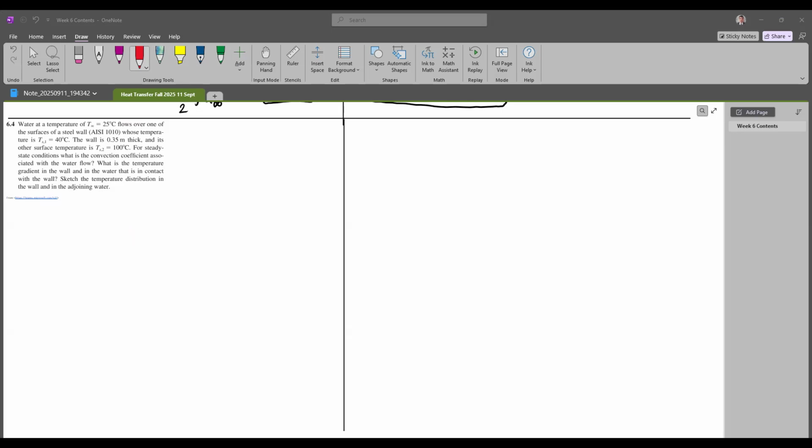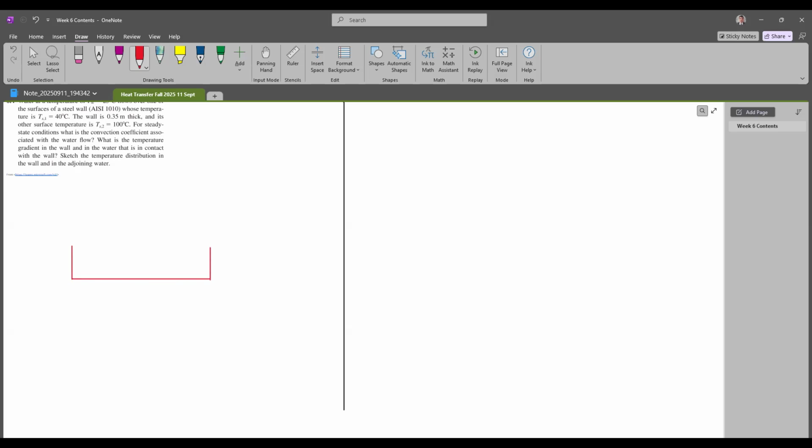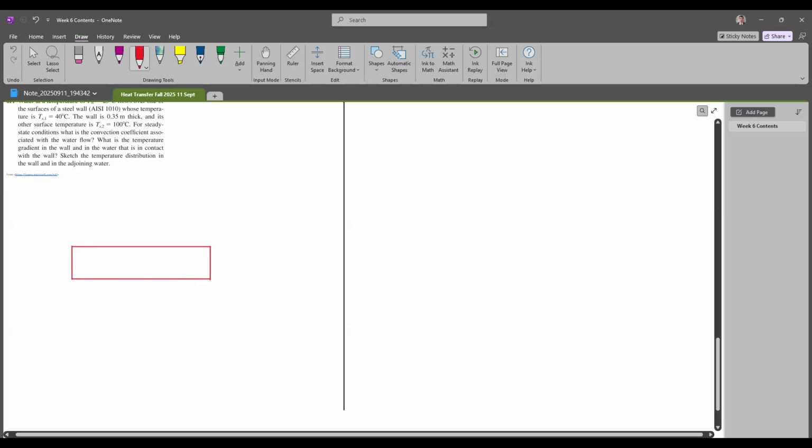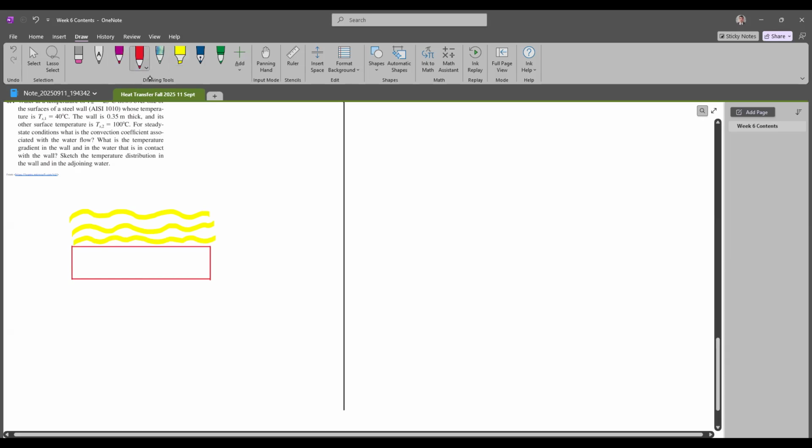So we have a steel wall here. And above that, there is the fluid flowing. I draw the fluid like this. This is the fluid. And now bringing up the properties.